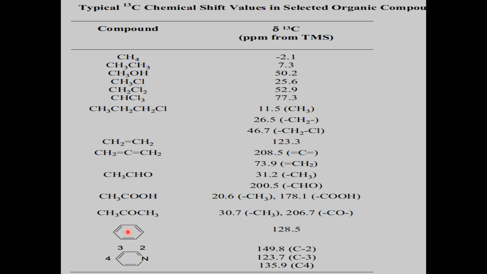Aromatic ring carbons are also de-shielded by the ring currents and resonate at 128 ppm. And also in pyridine, for example, we observe that in heterocyclic structures, different types of carbons resonate at de-shielded positions because of the unsaturation and the presence of nitrogen in the ring.